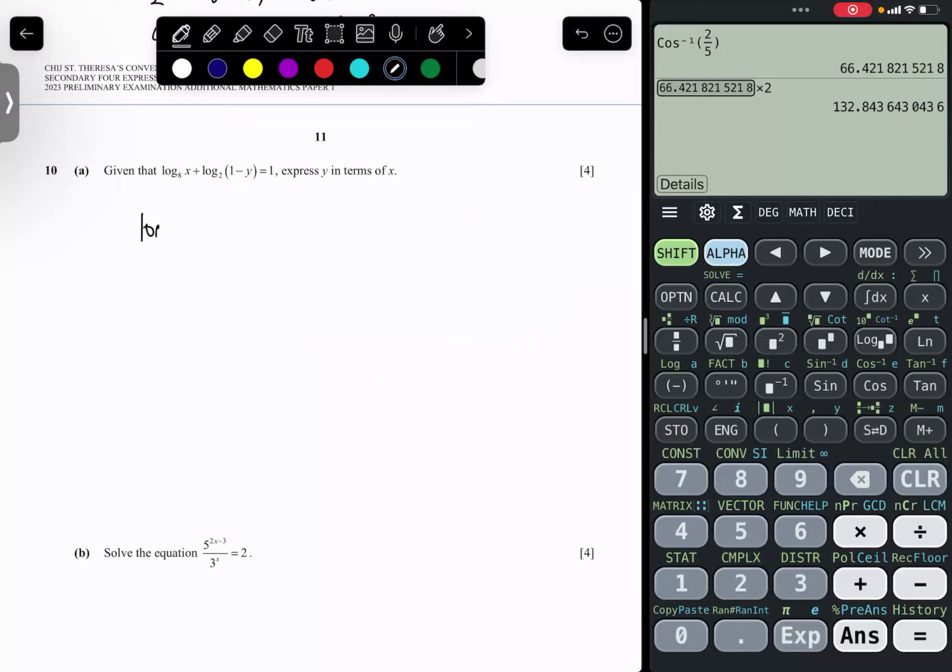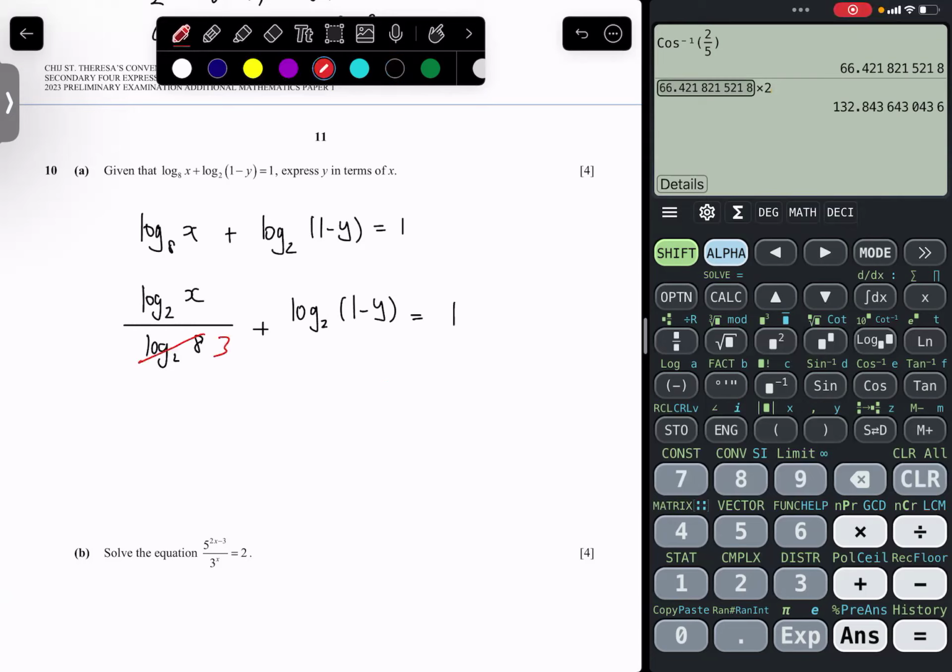So now we have log base 8 of x plus log base 2 of (1 minus y) equals 1. So change of base: log base 2 of x over log base 2 of 8, plus log base 2 of (1 minus y) equals 1. So log base 2 of 8 equals 3, I can make a mental note.